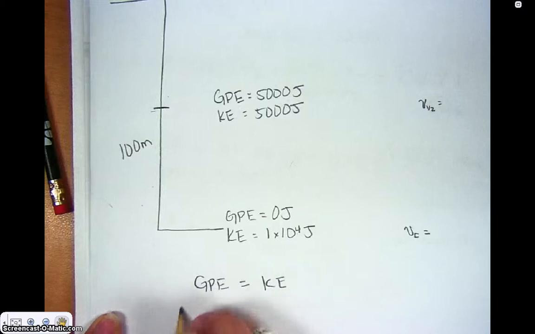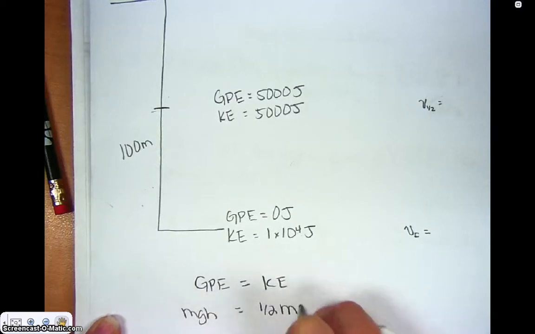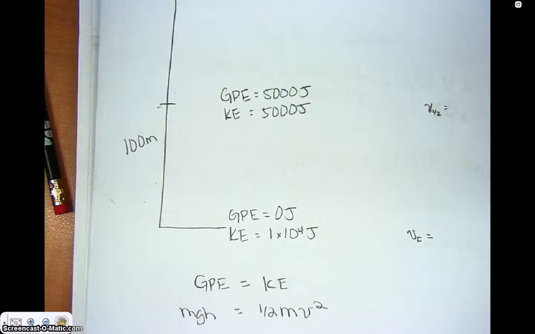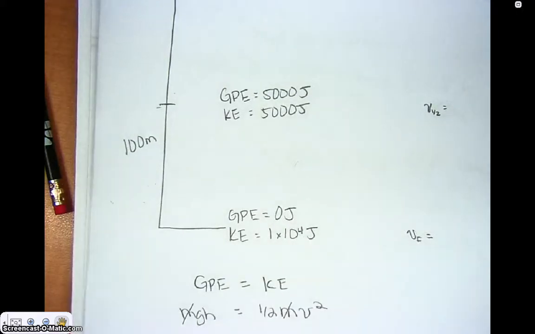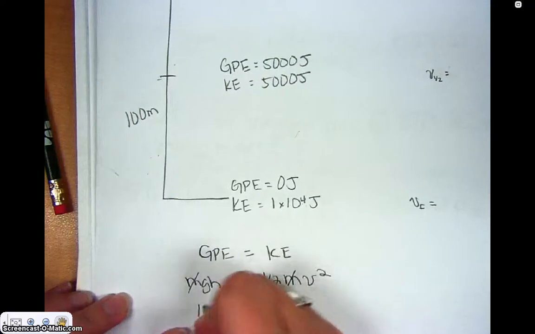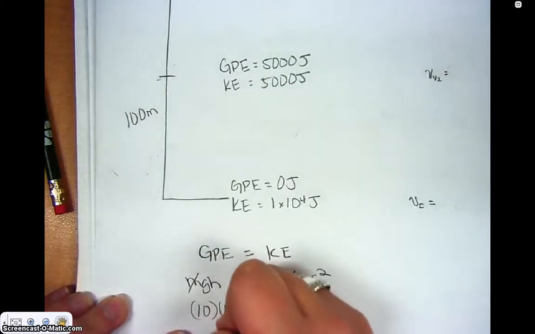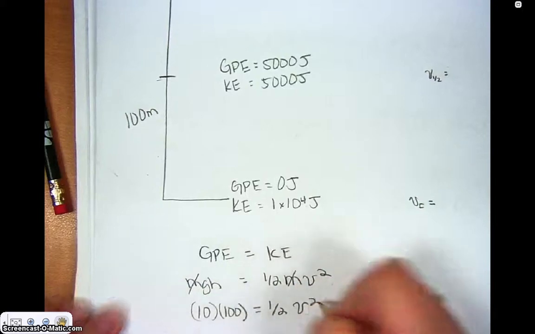So we have that mgh equals 1/2 mv squared. And if I were to cancel my m's, then I just get gh equals 1/2 v squared. So 10 times 100 equals 1/2 the velocity squared.